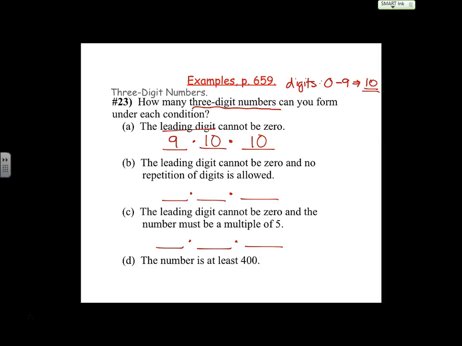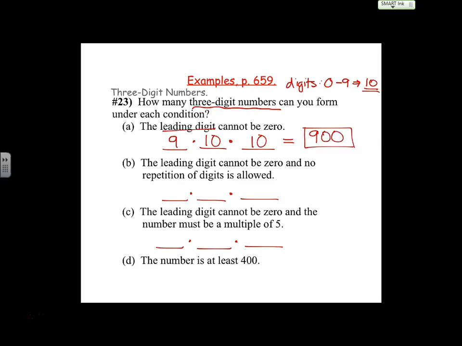The hundreds digit, they want 1 through 9. They don't want 0. So there are only 9 options. How many numbers are there total? 900. Kind of makes sense. 0 to 99 are illegal, but 100 to 999 are all able to fit that condition.